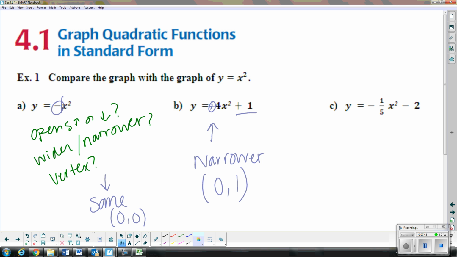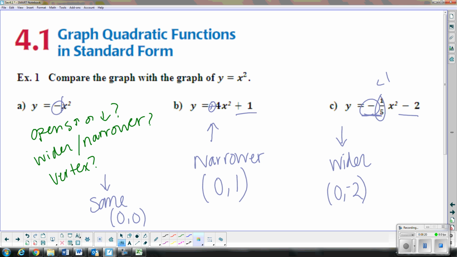Let's see if, without even looking at your calculator, we can make these conclusions. Here, because this is negative, we know it's going to open down. Because this is less than 1, we know it's going to be wider. And here is our vertical shift down 2 units. So the vertex is 0, negative 2.